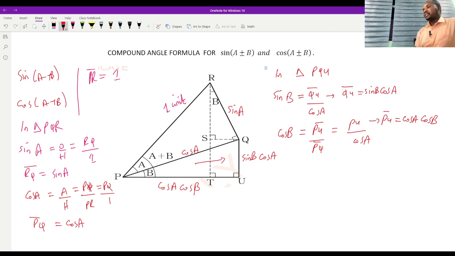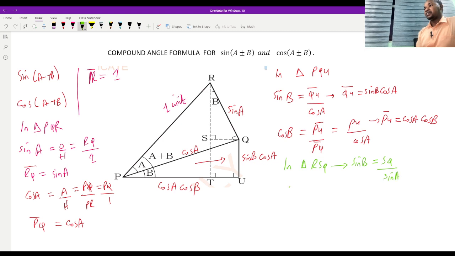And then again, when you come to triangle RSQ, I will say that in triangle RSQ, from this triangle, we can still see that actually sine B will be SQ over hypotenuse, which is sine A, of course.